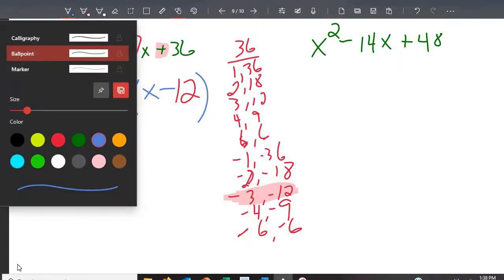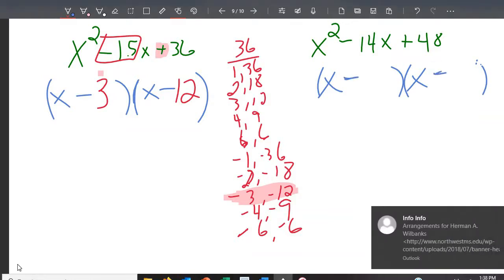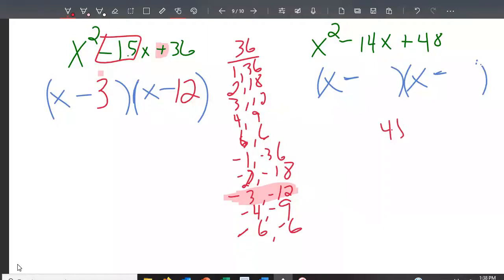Alright, this one's the same thing. There's a plus sign at the end and there's a minus in the middle, so they're both negatives. I just have to list all the factors of 48. Let's see, 48. 1 and 48, 2 and 24, 3 and 16, 4 and 12, 6 and 8.